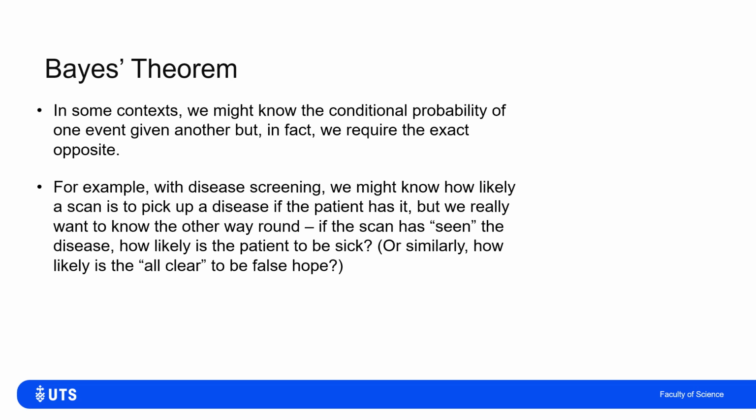I know the probability of A given B, but I want the probability of B given A. So this is often used in things like medical screening. I may know the chance of a medical procedure scanning a patient properly if I knew the patient's health status. But if a patient only has the scan results, what they want to know is, given their scan results, what's the chance of them having a particular true health status?